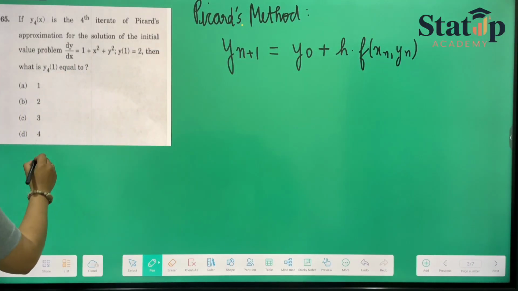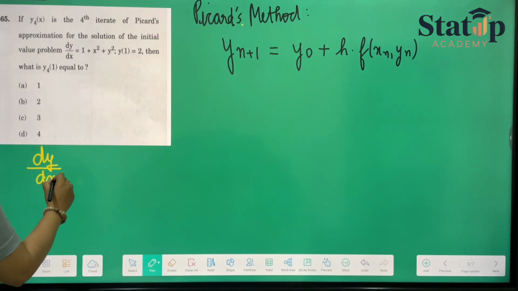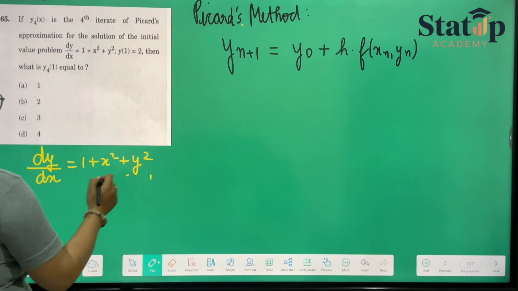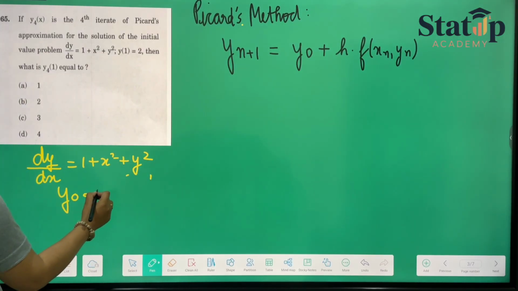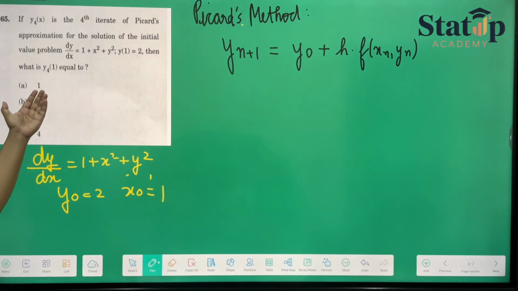So in this question they have given us dy by dx equals 1 plus x square plus y square, and y naught equals 2, x naught equals 1. Then they have told us to calculate the fourth iterate of Picard's method.